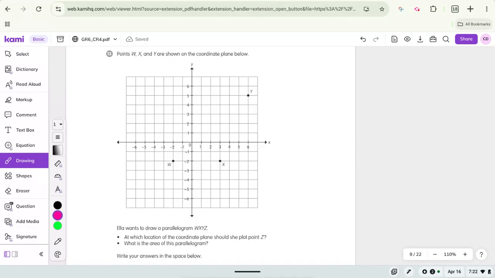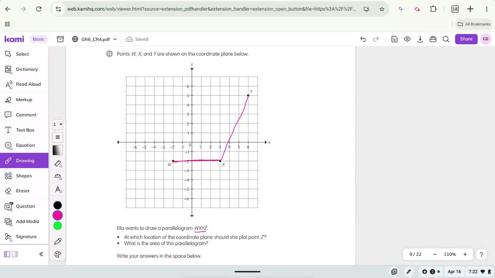All right, let's first do the task of finding point Z. So parallelogram WXYZ, we will trace the points in that order from W to X, from X to Y, and from Y to Z. One thing I know about a parallelogram is opposite sides are parallel and congruent.